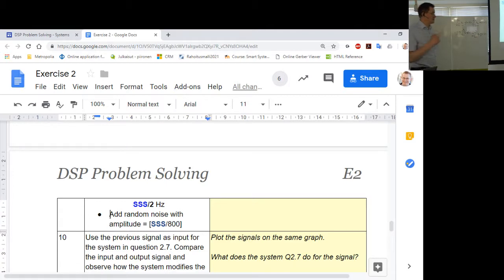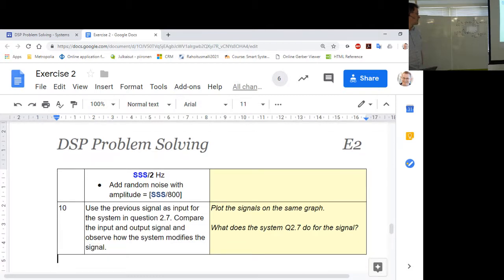Not the signal to noise ratio, but the amplitude of the noise, meaning the standard deviation of the noise. So this is directly the scaling factor. Okay, and then basically, wow, we have a system and we have a signal. We can now run the signal through the system and listen what is the difference.